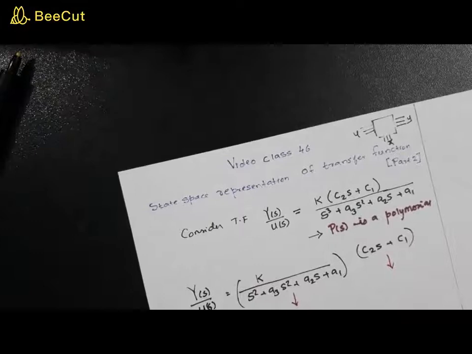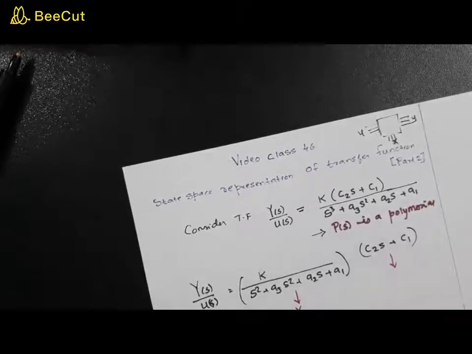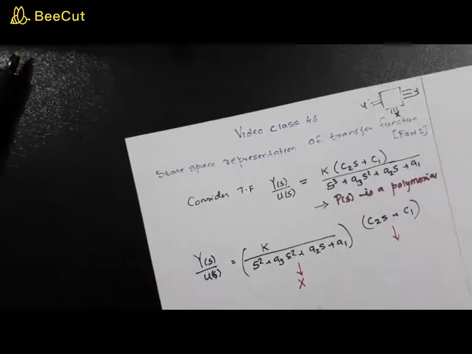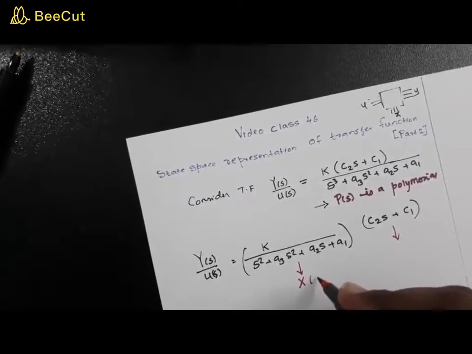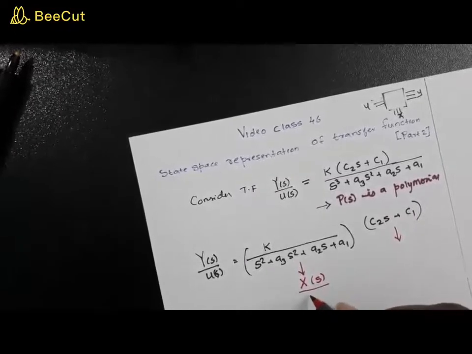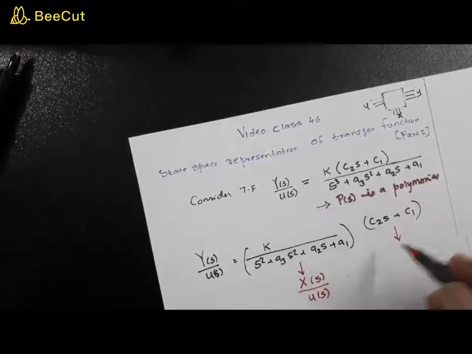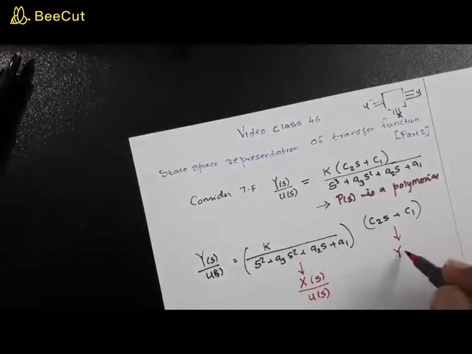Okay, so I am calling this part as say x of s by u of s, and this one as say y of s by x of s.